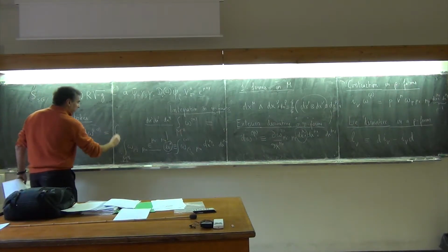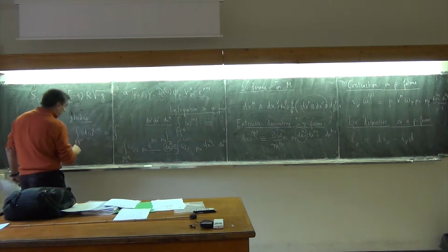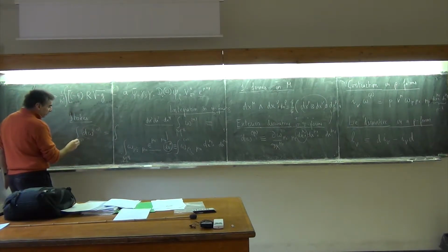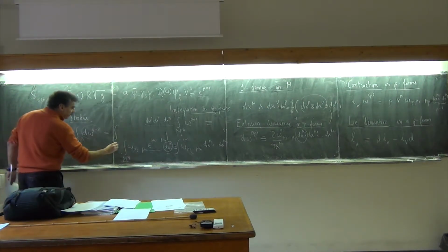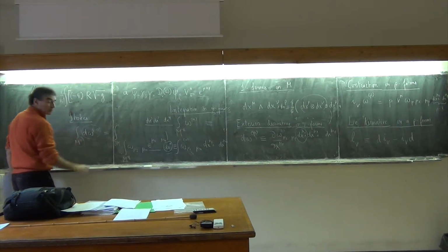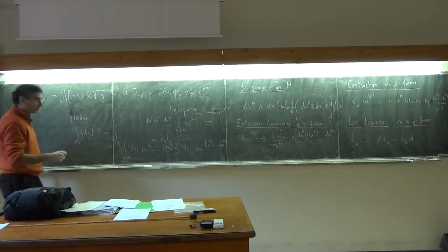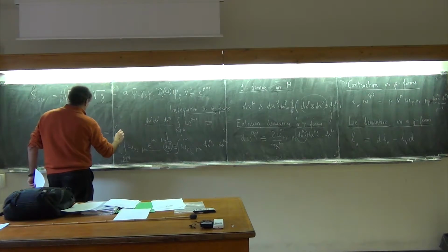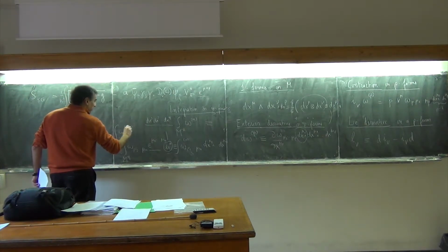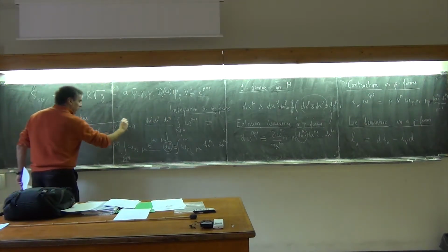This, by Stokes' theorem, is equal to the integral on the boundary of this manifold. The boundary has dimension p minus 1, and here you can put omega p minus 1. And this is Stokes' theorem.